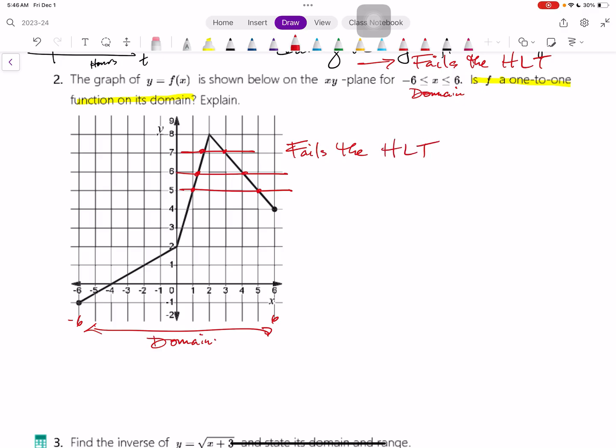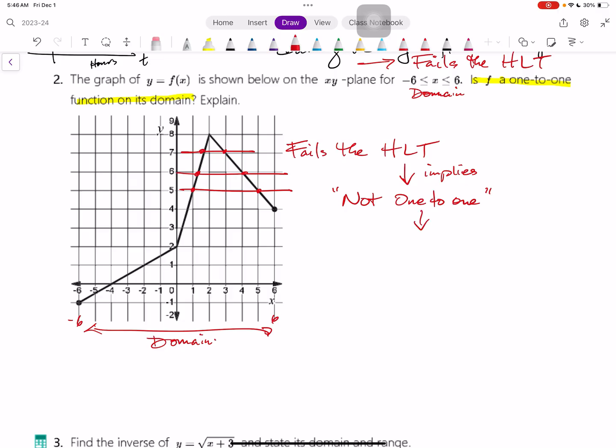What does that mean? Here's the implication. This arrow means implies. It implies it's not 1 to 1, so the function does not have an inverse. That's what not 1 to 1 means.